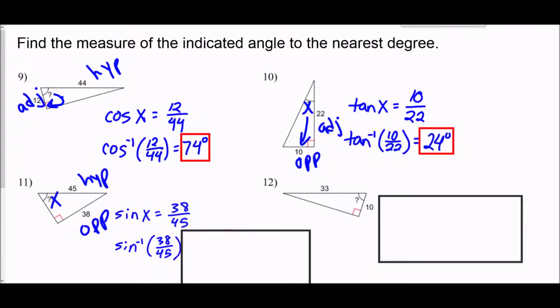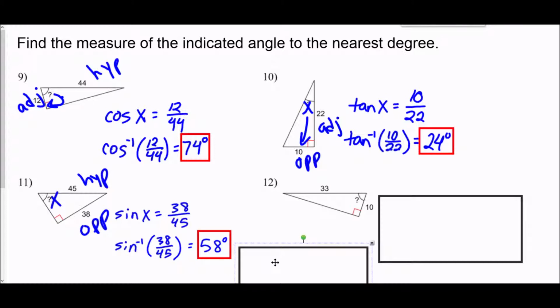You can type this into your calculator, and it will tell you that the angle is 58 degrees. Also, when you're writing the angle, include the little circle to indicate degrees, because there is more than one way of measuring angles, and it's really just a way of including your units, because we're in terms of degrees.